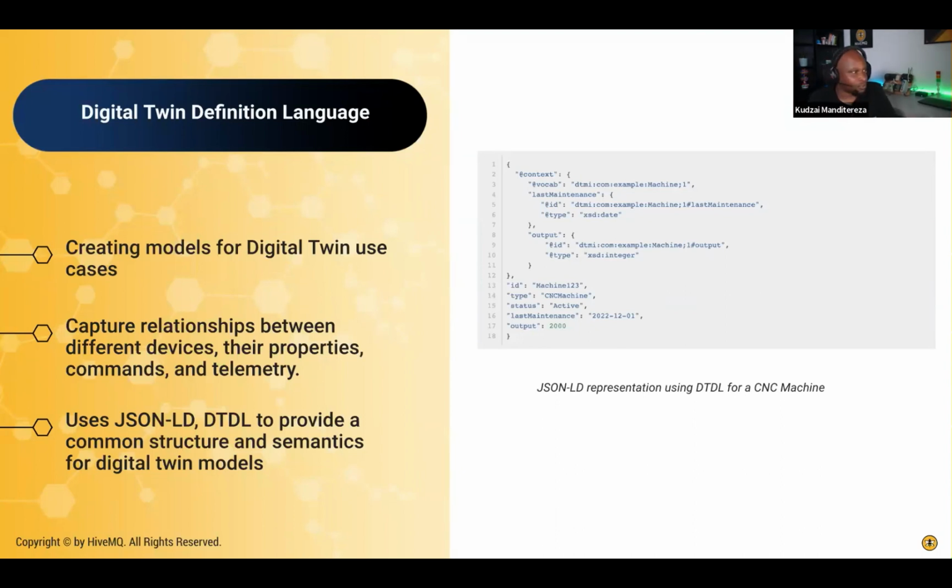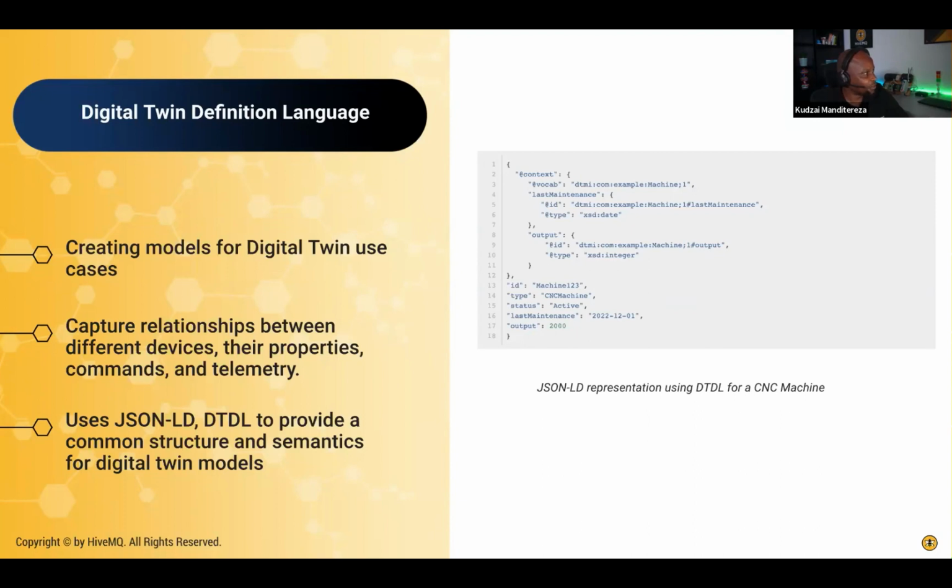So that would work to your advantage. But again, if it doesn't work for your organization, then you're better off mixing both or sticking to custom built models. So the first one that we're going to look at is the digital twin definition language, right?